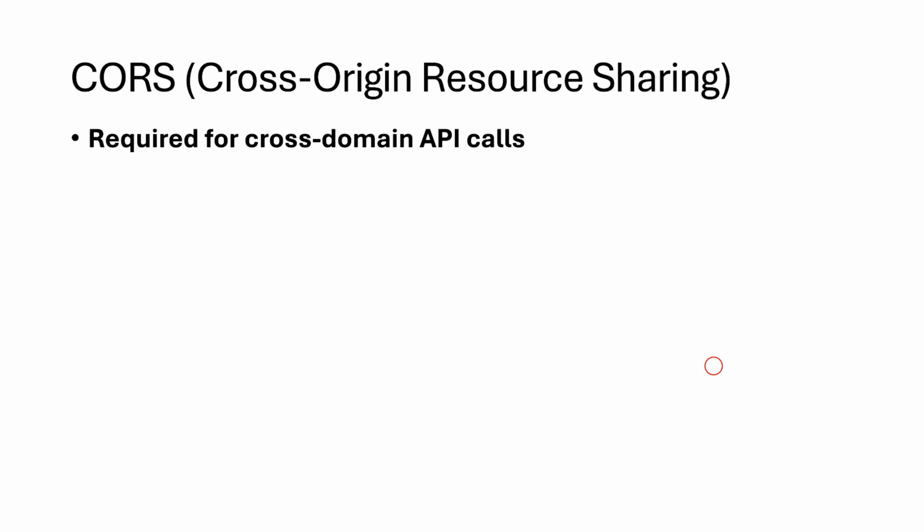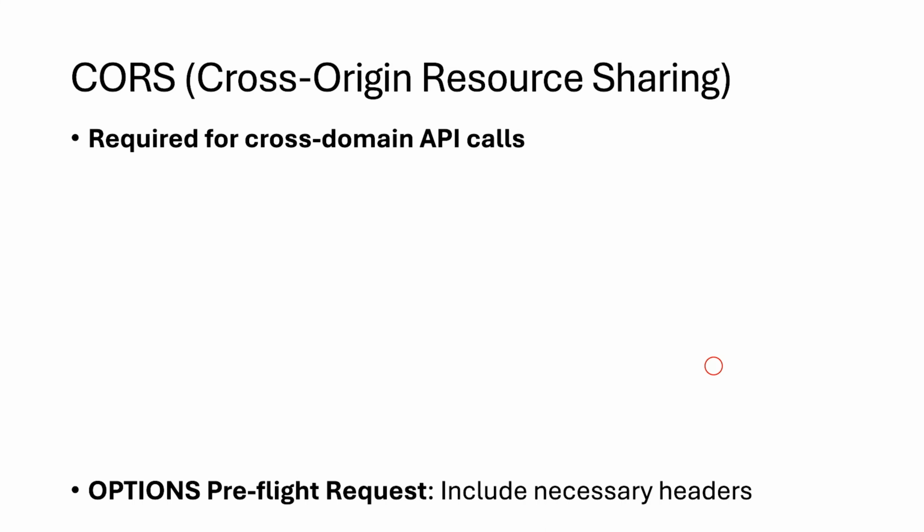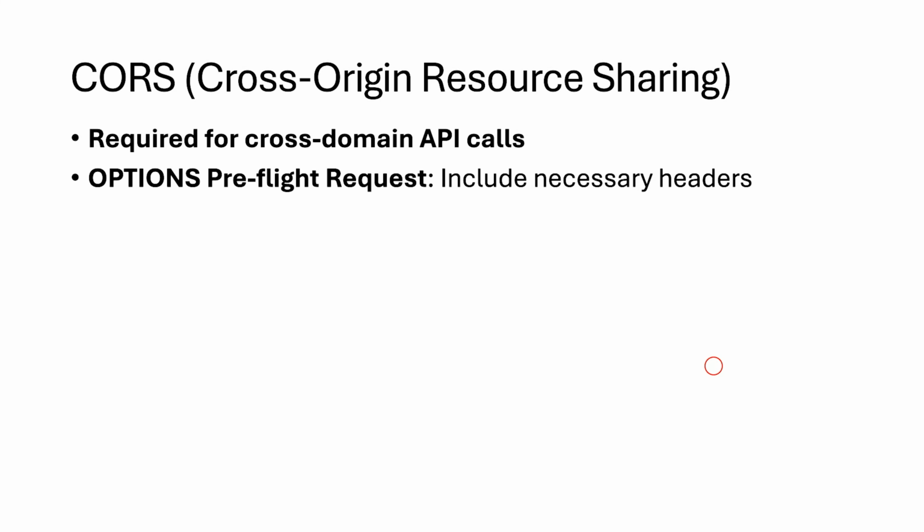How API gateway handles it is, first of all, if a client sends a request to API gateway, an OPTIONS pre-flight request is sent, including headers like Access-Control-Allow-Methods, Access-Control-Allow-Headers, and Access-Control-Allow-Origin. We include those headers in the pre-flight request, and that enables CORS in the API gateway.